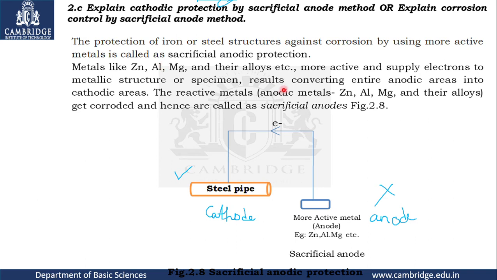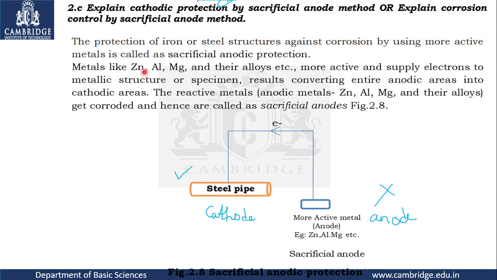I have explained, now I will just read how much answer is to be written. The protection of an iron or steel structure against corrosion by using another metal is called sacrificial anodic protection.